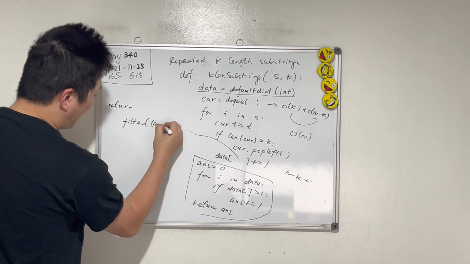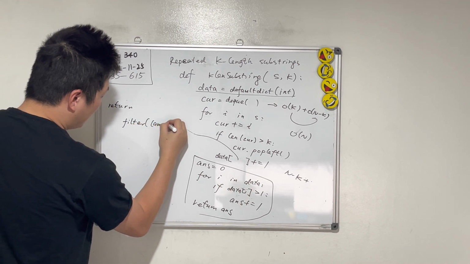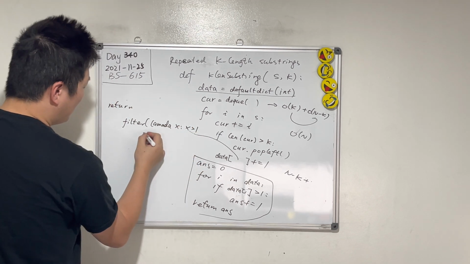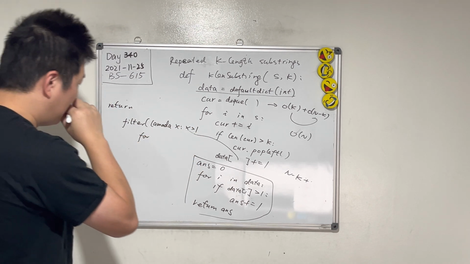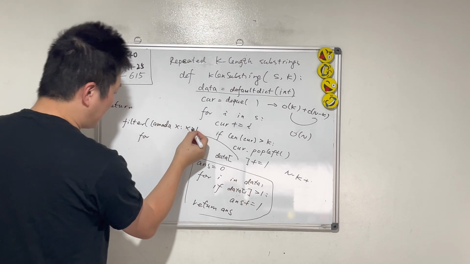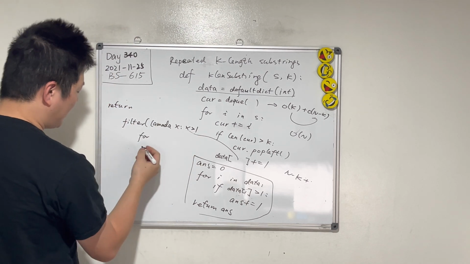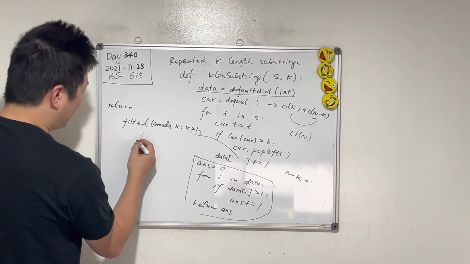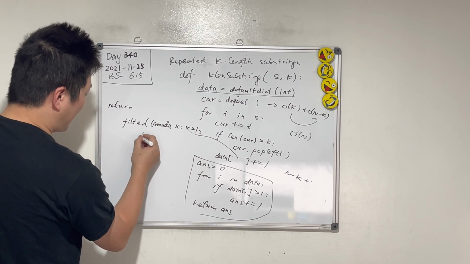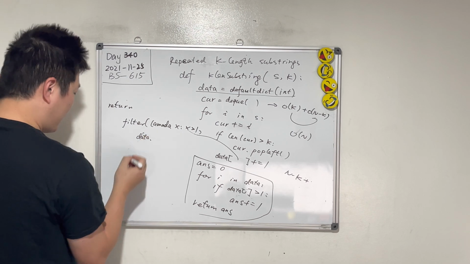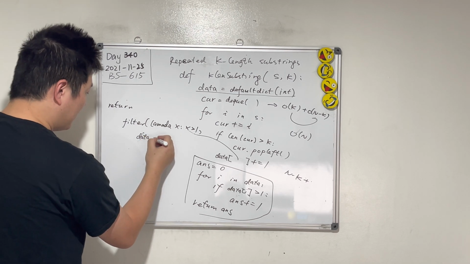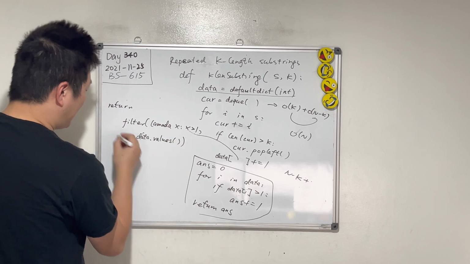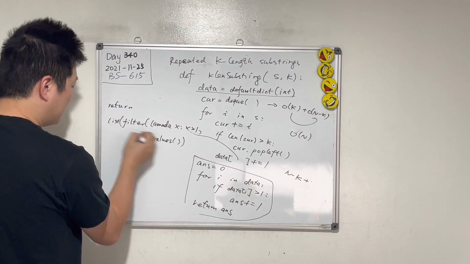Let's say lambda x: x minus 1 for x bigger than 1, and then we have the second value, which is data dot values. Yeah, values. Okay, and then we convert it to a list.